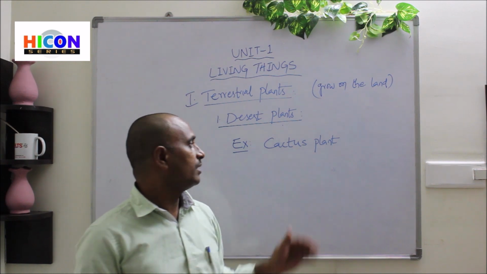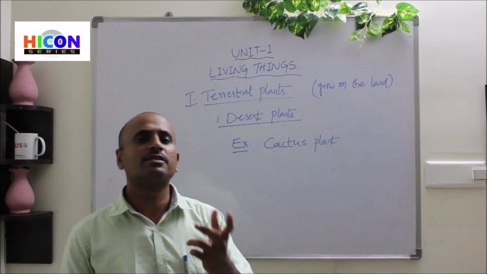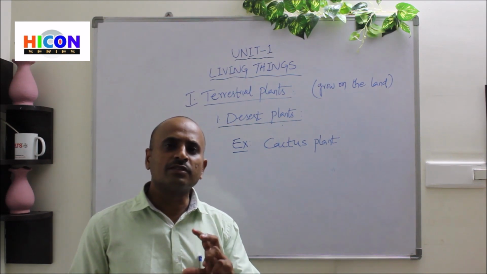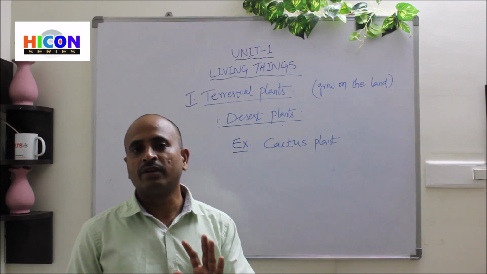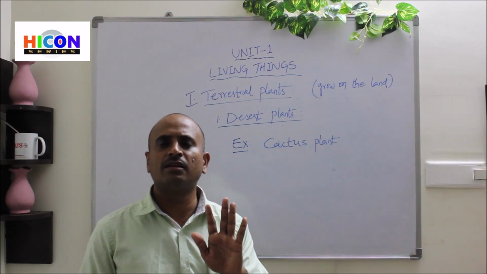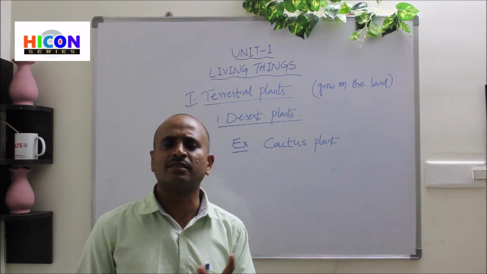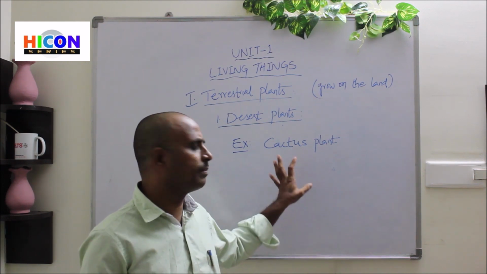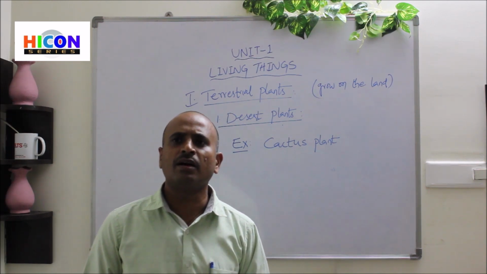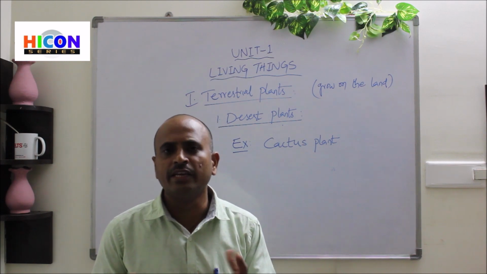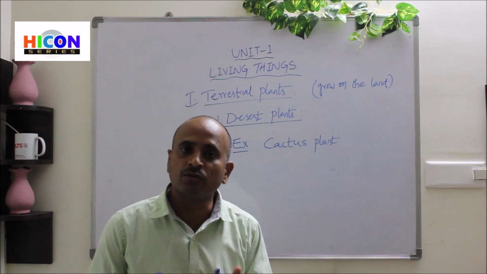And the cactus plants do not contain leaves. The leaves are reduced to spines. Look at the picture. The cactus does not have any leaf-like structure. They have spines. If these plants had leaves, the water present in their stem would be lost through evaporation.